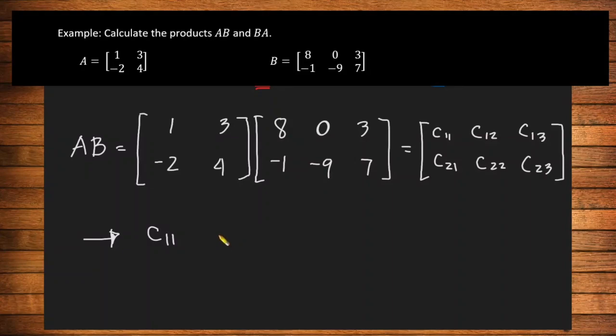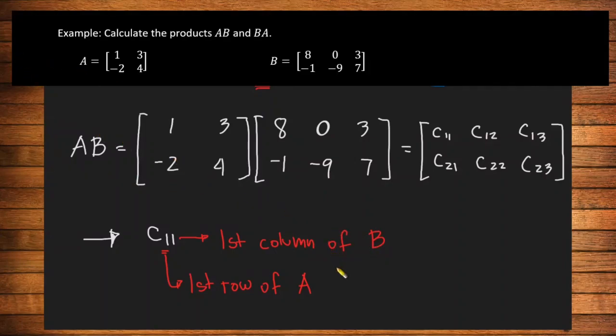Now, to obtain the value of C sub 1,1, we will solve the inner product of the first row of the first matrix and the first column of the second matrix. So, para hindi kayo malito, gamitin yung guide, yung subscript ng element natin. So, 1,1, that will be first row of A and then first column of B. So yun yung gagamitin natin.